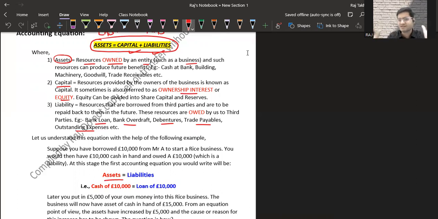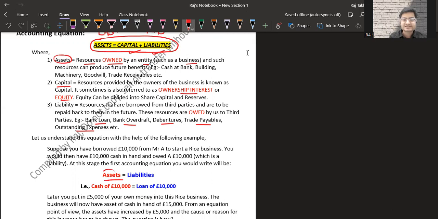A balance sheet is a position statement which shows how much the business has in terms of resources, like how much the business owns and how much the business has to repay, or the obligation which the business has to return after a period. A balance sheet basically shows the position of these two items and how they are equal in terms of their magnitude.